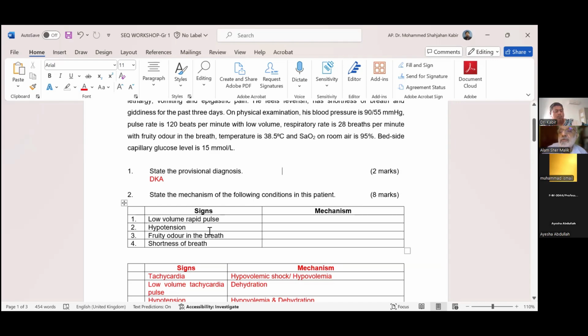So actually it should be: is hypotension a component of DKA? You mean I should write low blood pressure.